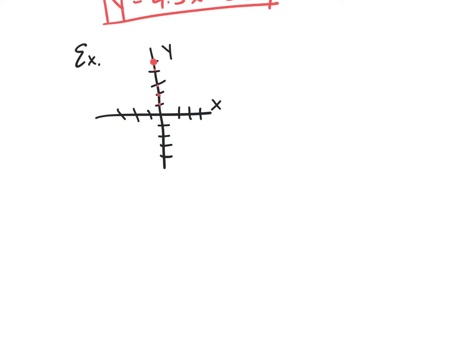Counting 1, 2, 3, 4. 3, negative 4. Okay, so we have a point here and we have a point here. This is 0, 5, and this point is 3, negative 4.